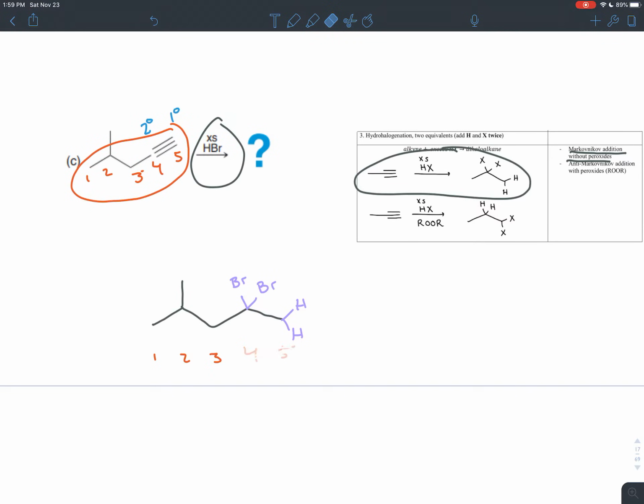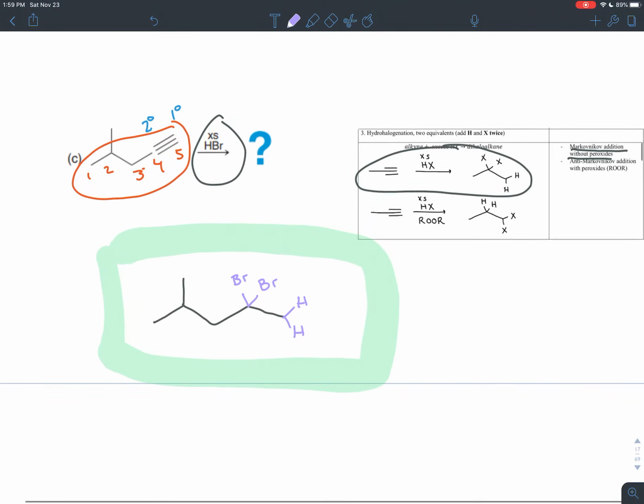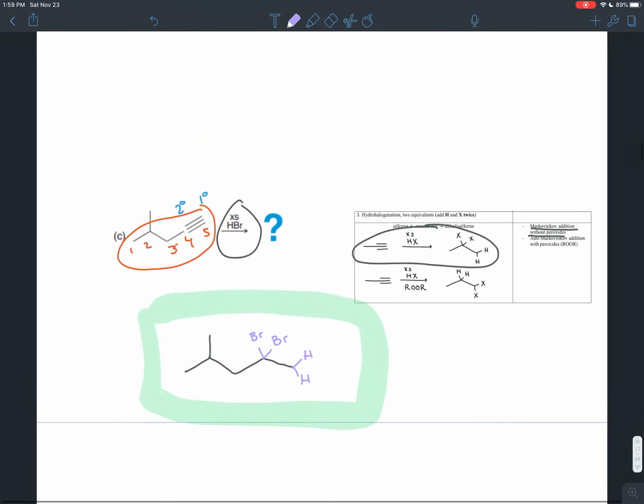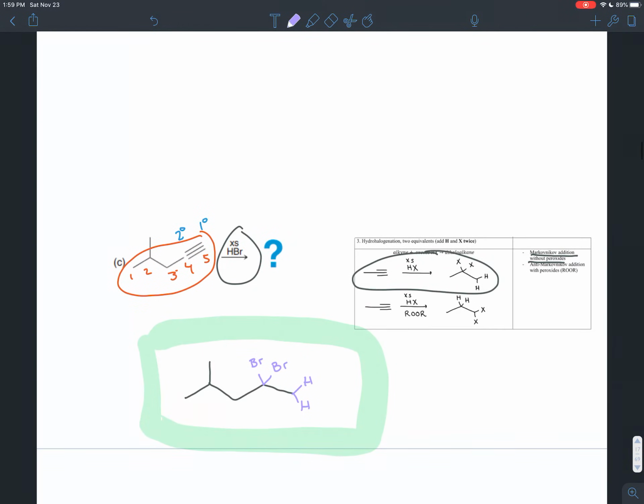And so that's it. From the perspective of synthesis, that's how you would predict the product for this. You'd redraw the molecule with the correct number of carbons, everything placed in the right way. You'd look at the recipe, see what you're adding, and then think of how you're adding it, Markovnikov or anti-Markovnikov in this case. And another thing to notice is how this hydrohalogenation, and halogenation in general, is sort of the reverse of elimination.